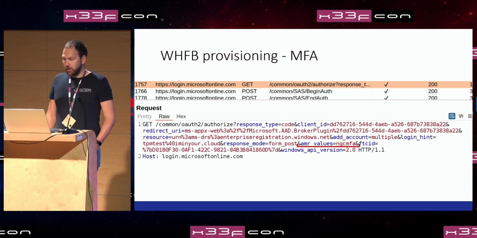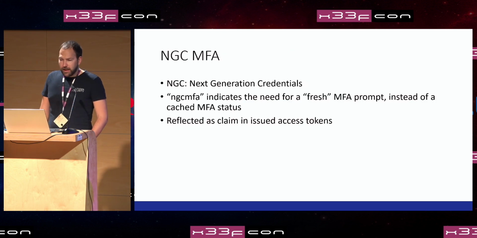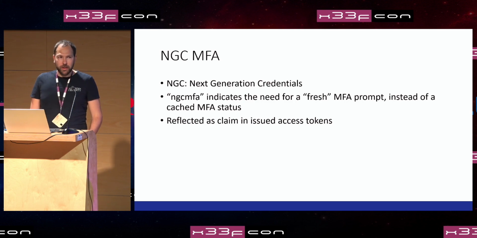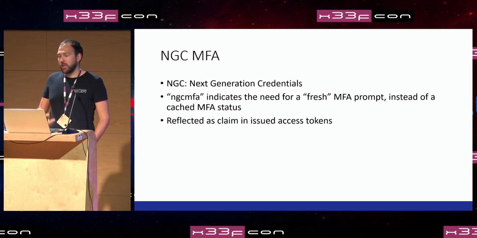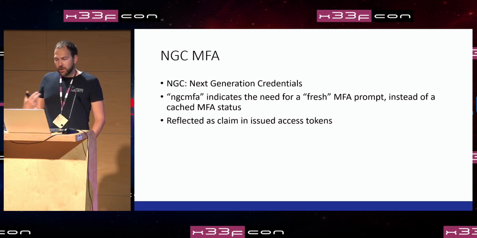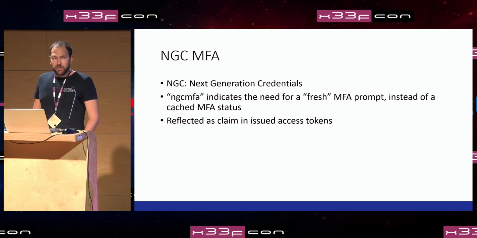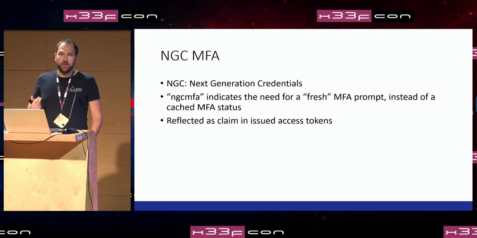You don't see that much in other flows. NGC stands for Next Generation Credentials. This is the internal name that Microsoft uses for passwordless credentials. And if there's the requirement to authenticate with NGC MFA, it means that the user should do a fresh MFA authentication, because normally MFA is cached either in the browser session or on the device.